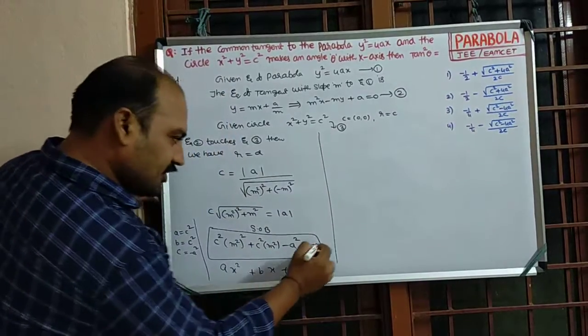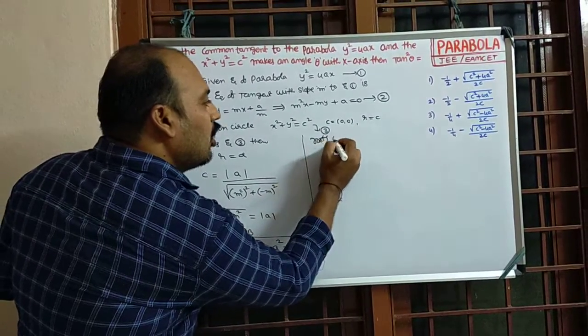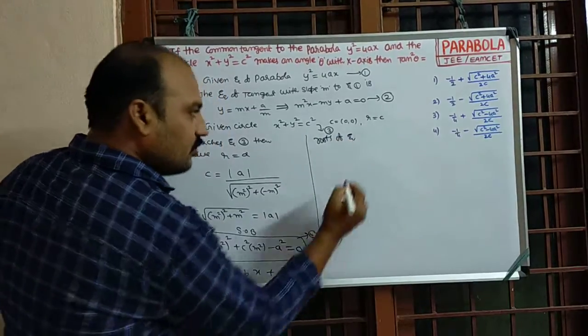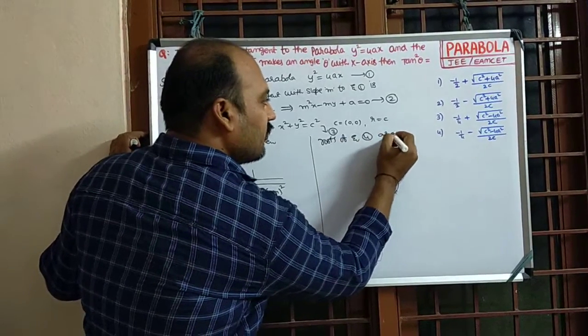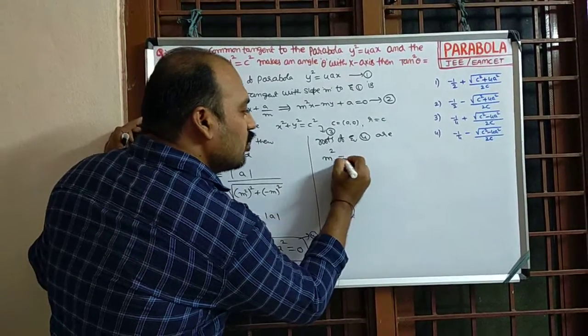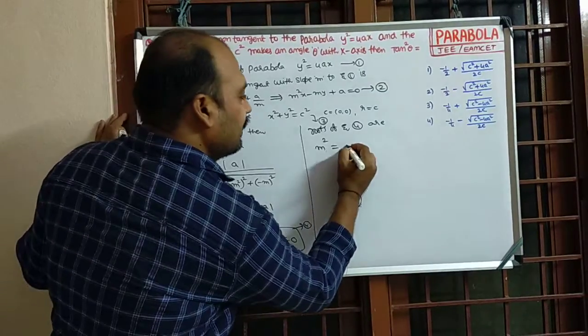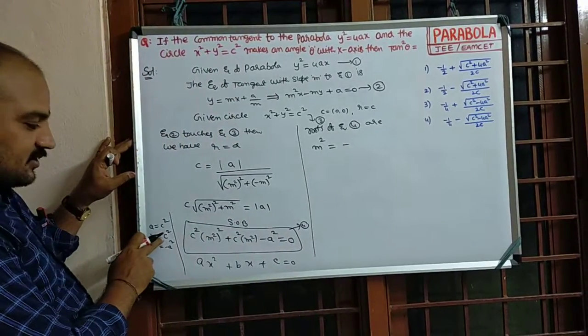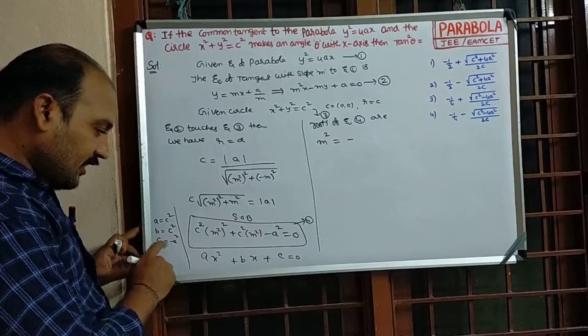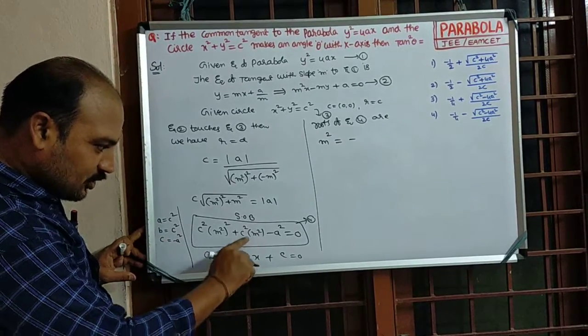Now the roots of this equation 4. Roots of equation 4 are, here, m square. m square is equal to minus b plus or minus. Minus b means minus c square. b square value is here c square whole square. In ax square plus bx plus c, x is equal to m square, b is equal to c square.